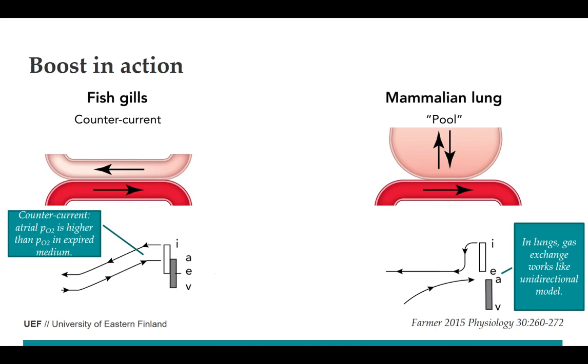So that's why the arterial partial pressure of oxygen is higher than in the expired medium. And this is very good in the aquatic environment, because there is not such a huge amount of oxygen available.